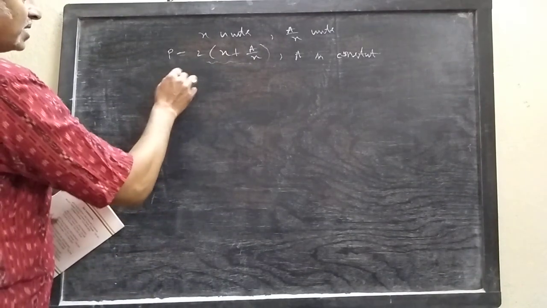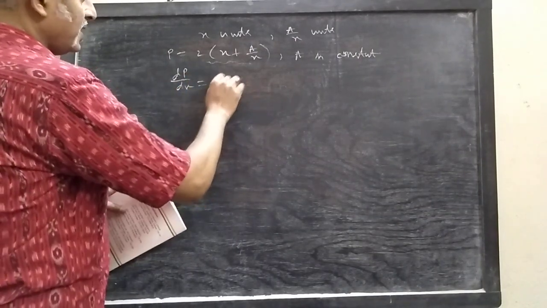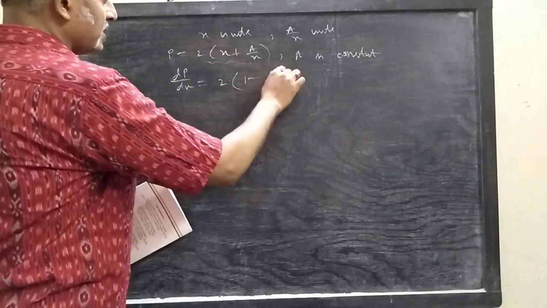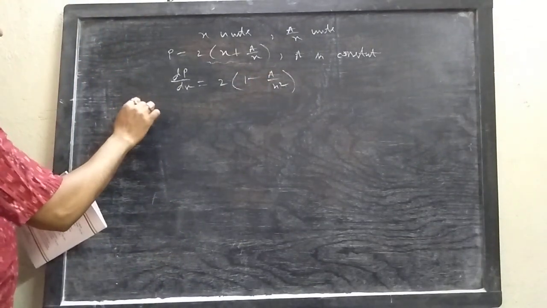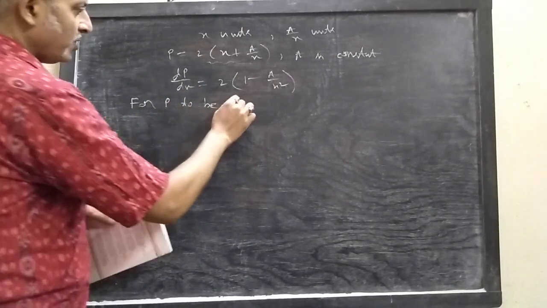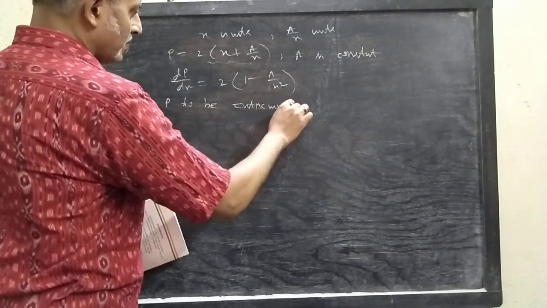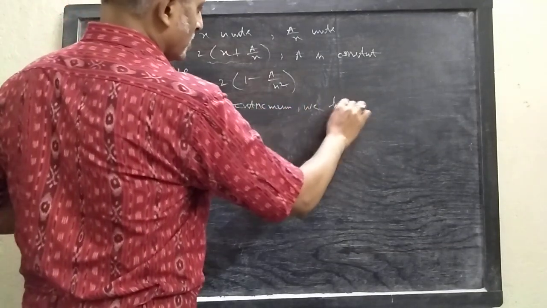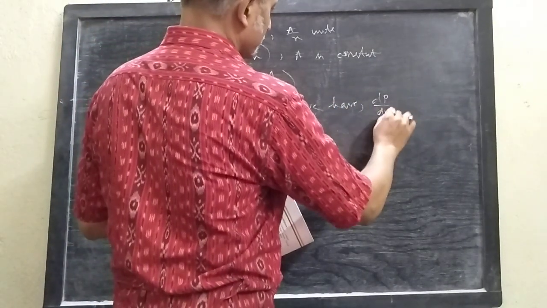Now dP/dx is 2 into 1 minus A by x square. For P to be extremum, we have dP/dx equals 0.